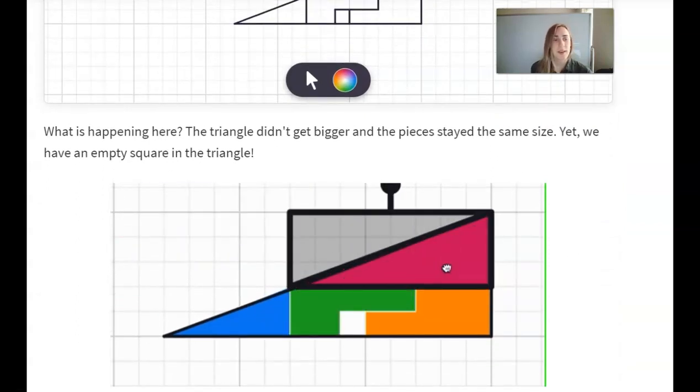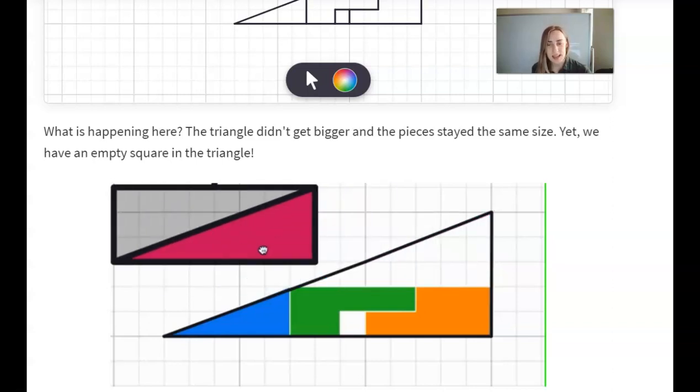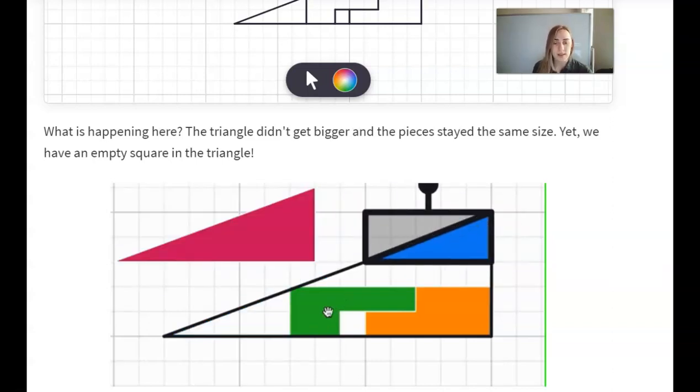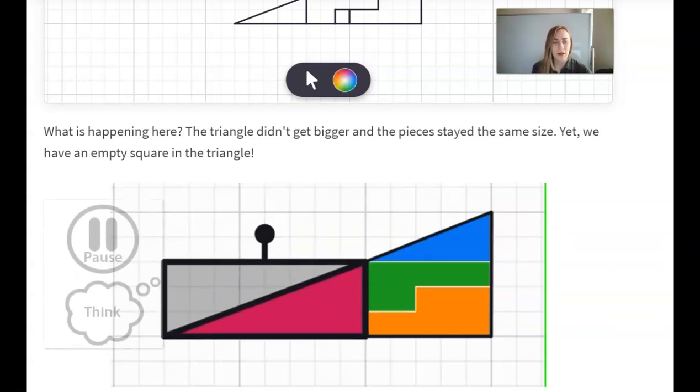So what is happening here? The triangle didn't get bigger, and the pieces stayed the same size, and yet we have an empty square in the triangle. So pause and think about how could that happen?